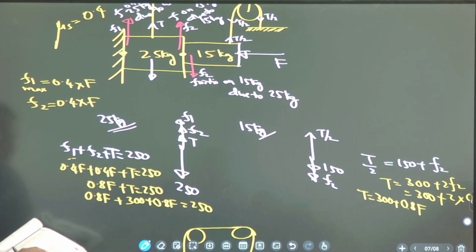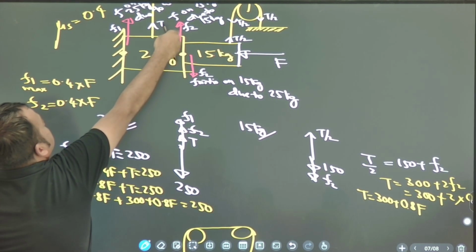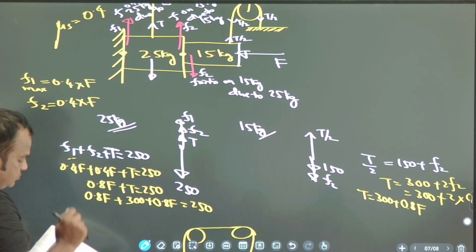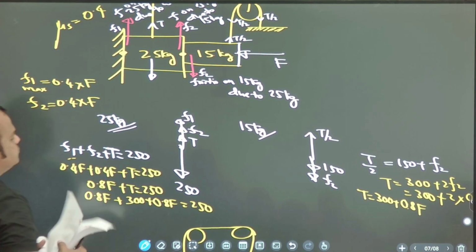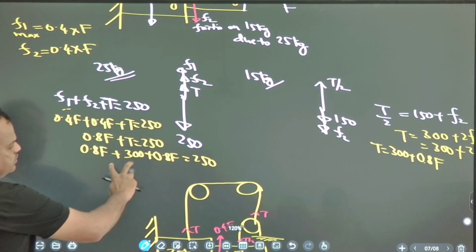Actually they have solved wrongly. This 0.4 F, this 0.4 F is correct, but this is upward. Here they have taken opposite direction. That's wrong. Okay, solution is wrong. This is correct. So second case is correct. This case is correct.